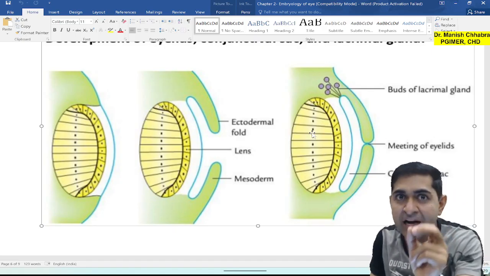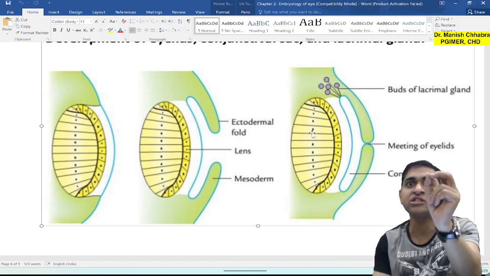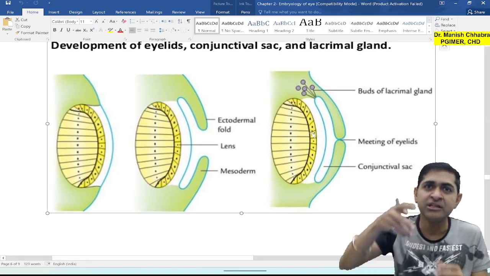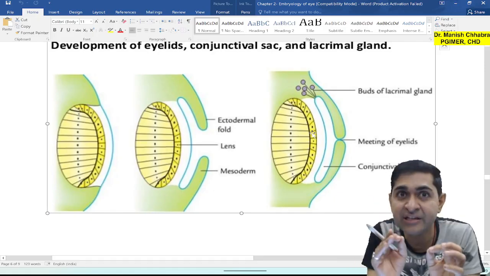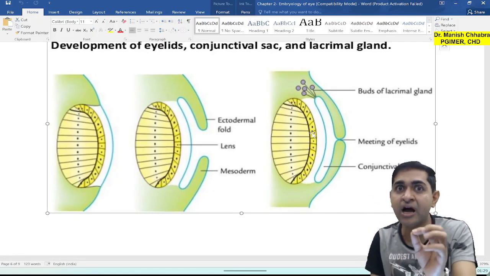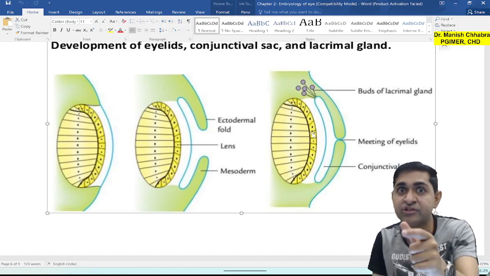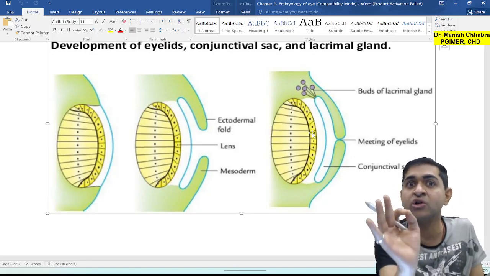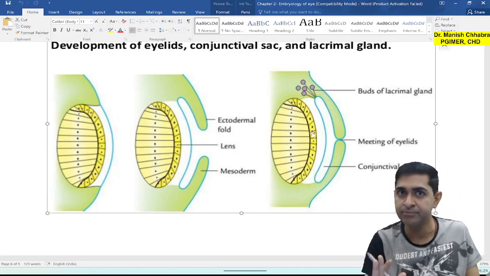So the lacrimal gland is also formed from surface ectoderm. And the eyelid consists of 7 layers, and the innermost part of the eyelid is covered by conjunctiva, which is actually the 7th layer of the eyelid. The conjunctiva is also formed by surface ectoderm.